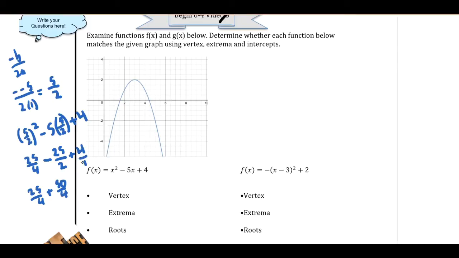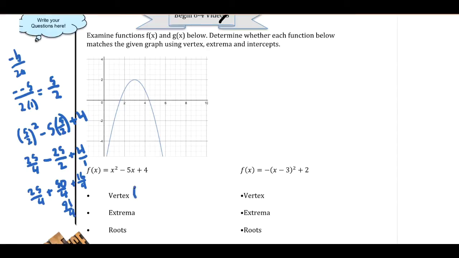And then remember 4 over 1 is how we would write 4 as a fraction. So to get 1 to be 4, I'm going to have to multiply it by 4 on top and bottom. And that's going to give me 16 over 4. I can add these together now. 25 plus 50 is going to be 75. 75 plus 16 is going to be 91 over 4.